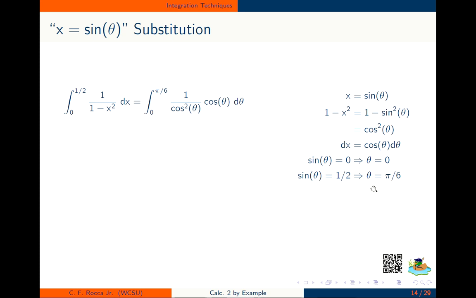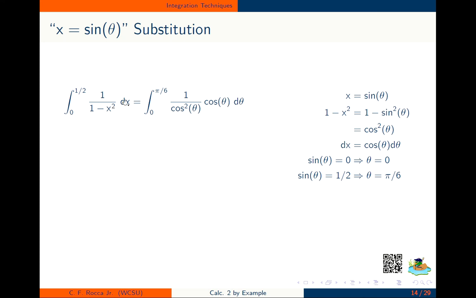Okay, making all the substitutions. I replace x equals 0 with theta is 0. I replace x is 1/2 with theta is pi over 6. The 1 minus x squared gets replaced with cosine squared theta. That way we've changed this difference of two squares into a perfect square.